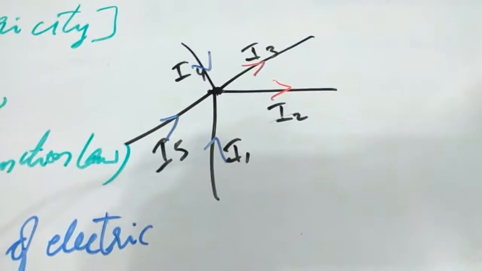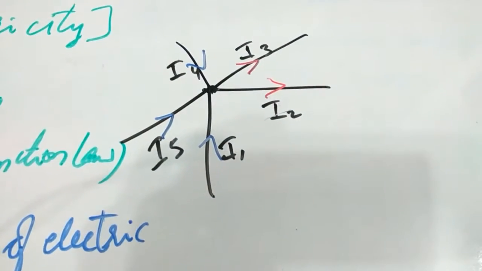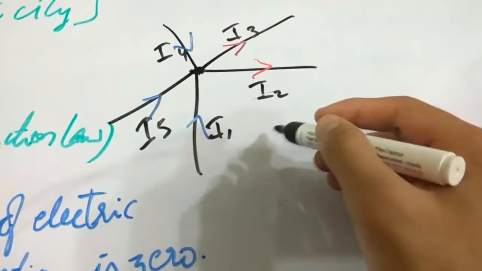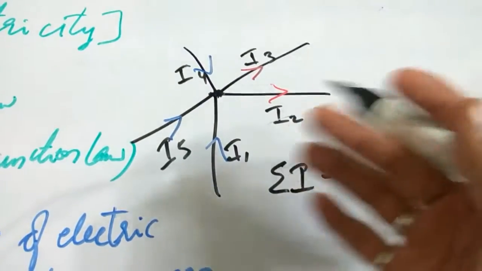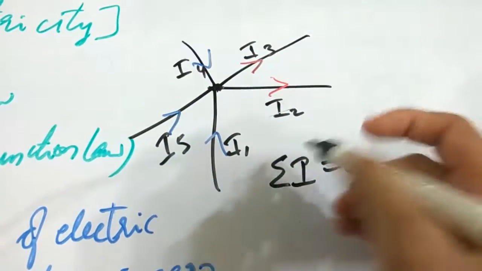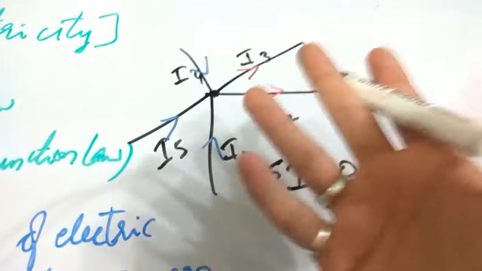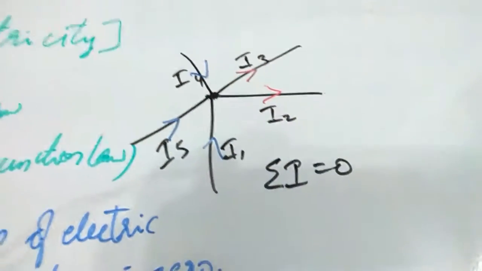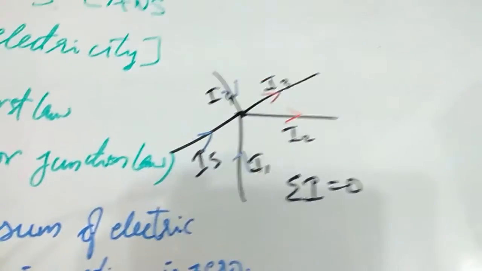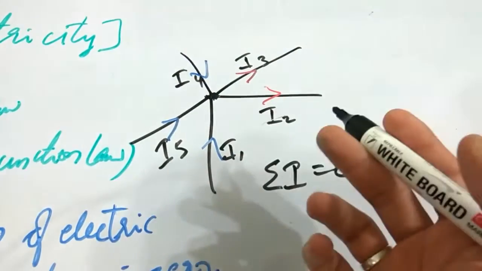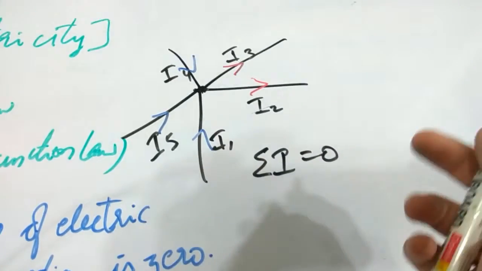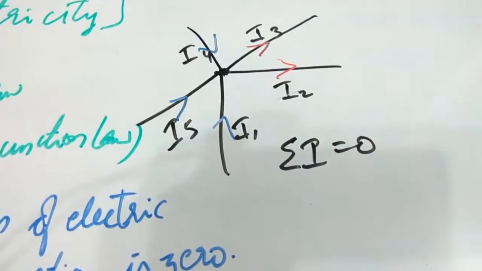So for the junction, there is an equation taken as summation of I equal to 0. Obviously, the sum of all this is equal to 0. Now the sign convention is that every approaching current has to be taken as positive, and the leaving currents are taken as negative.